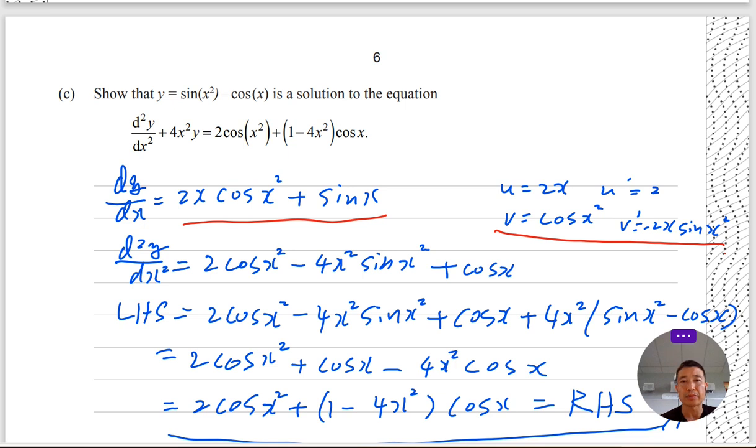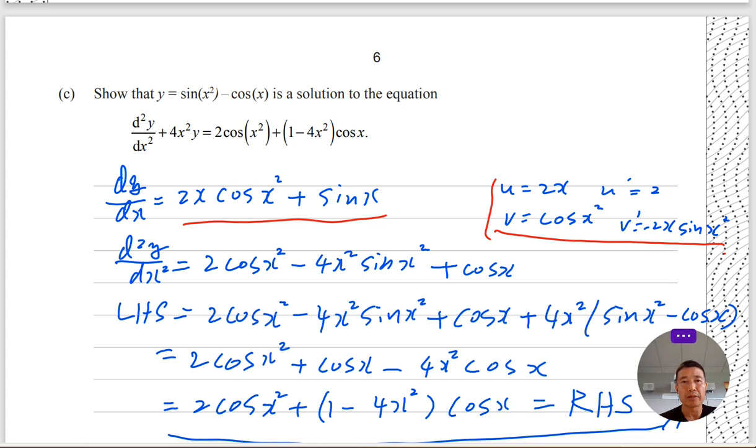And then when you do the second derivative, you have to use the product rule to differentiate, right? So the 2x cosine x squared part becomes 2 cosine x squared minus 4x squared sine x squared. And then plus, when you differentiate sine x, you simply get cosine x, right?